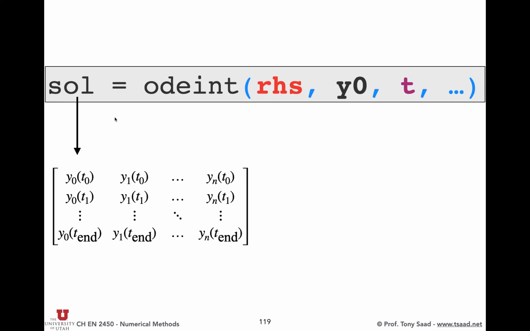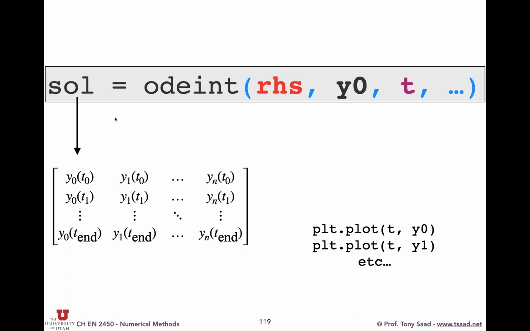The second column contains the second dependent variable. So the indexing is offset by 1. That would be y1, going all the way from t0 to tn, and then all the way to the nth equation, yn, okay? Now, obviously, we're interested in plotting y0 versus time, y1 versus time, etc.